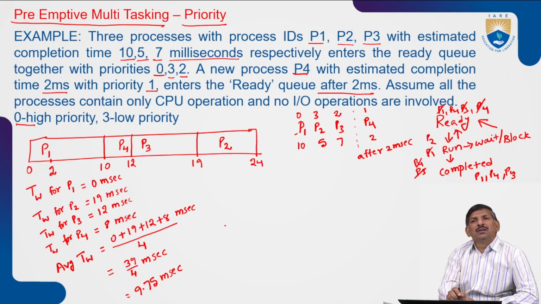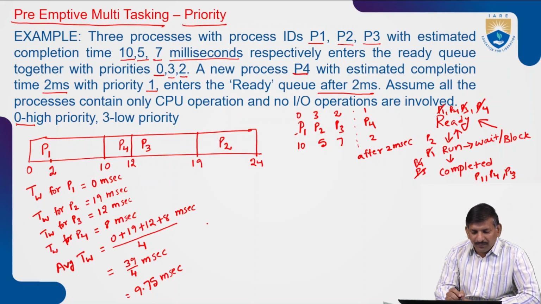So the average waiting time for each process in this requirement is 9.75 milliseconds.